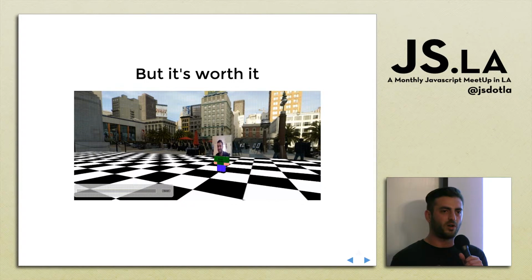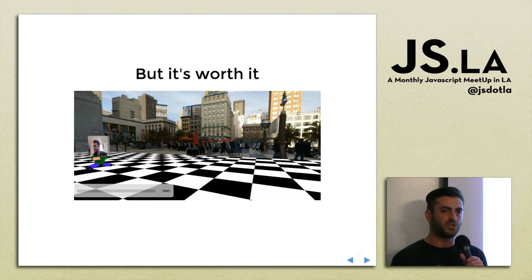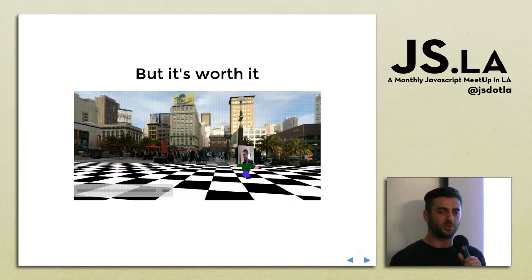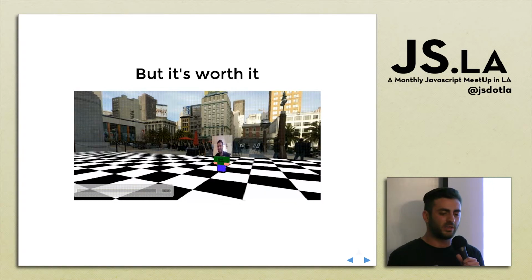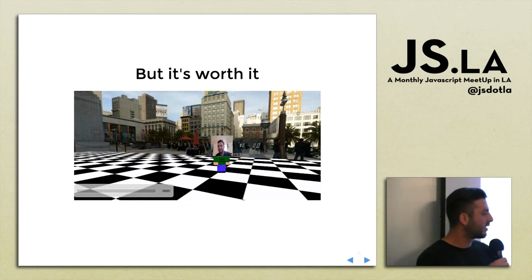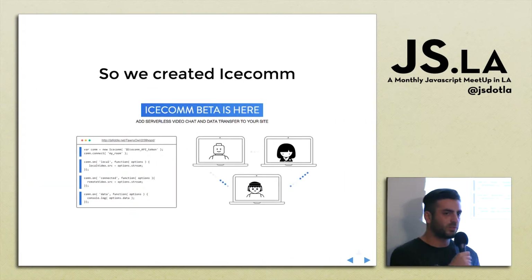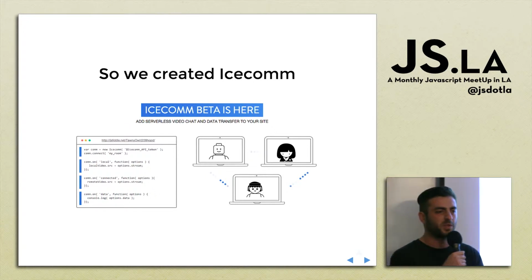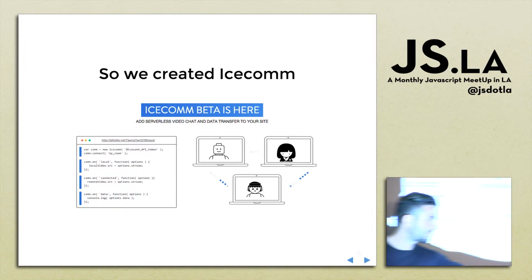It's secure by default. Every connection that you make with another browser is completely encrypted, and it's a serverless connection. So since you are connected browser to browser, it is faster. And that's why we created Icecomm, to make this process easier. And Will is actually going to tell you more about that.